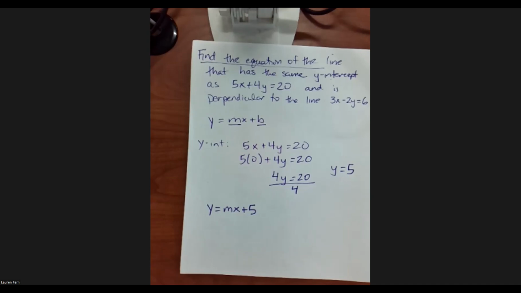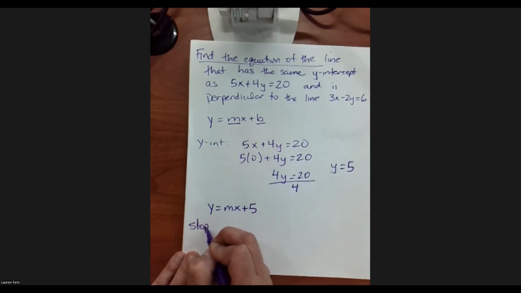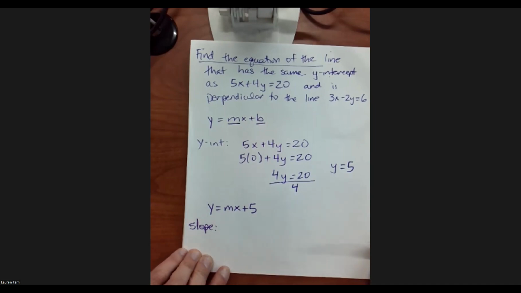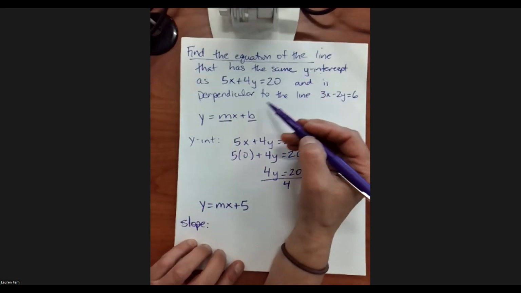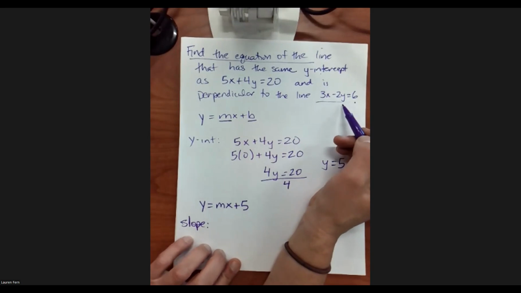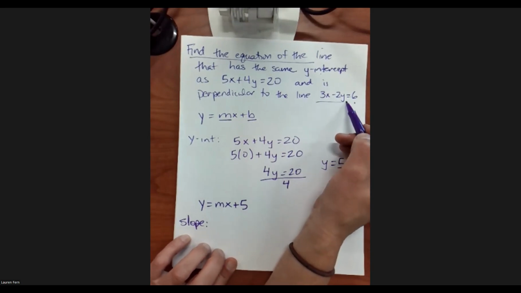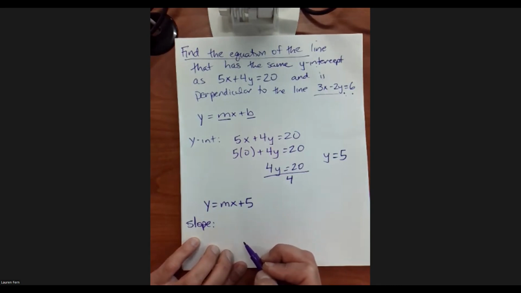Well, next, we need to find m. What do we know about our slope? We know that our line that we're looking for is perpendicular to this line. So would you grant me if we knew the slope of this line, we could then figure out the slope of our line?